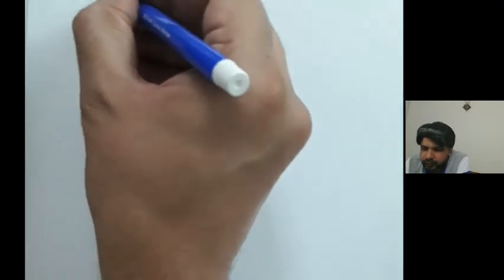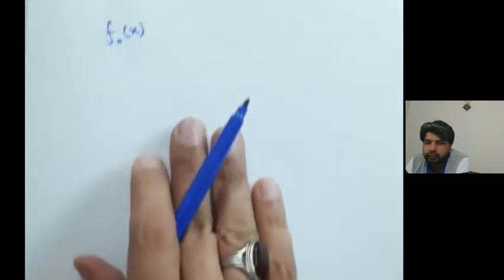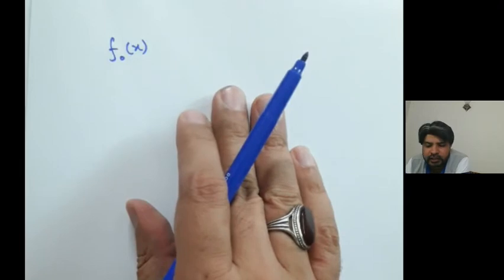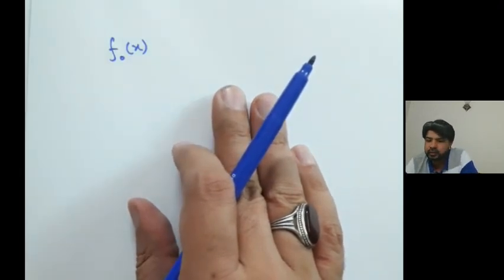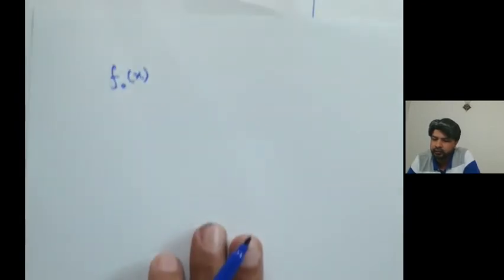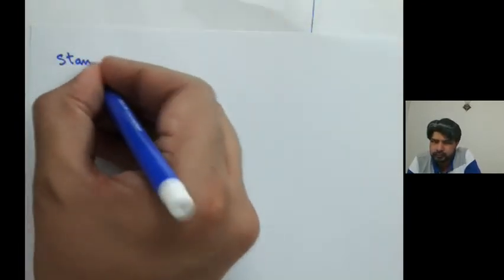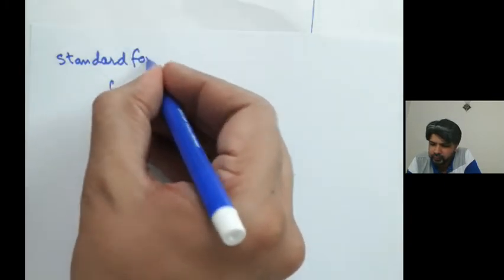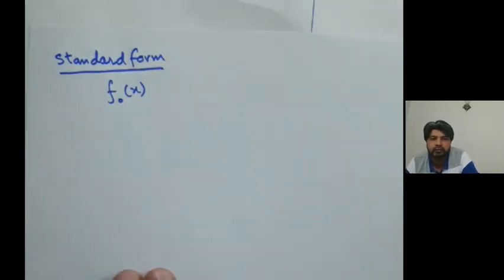For example, f naught of x is the function that you want to minimize, and if you have a concave function, you would convert it into a convex function. So in the standard form of the optimization problem, this f naught of x is always assumed to be a convex function.